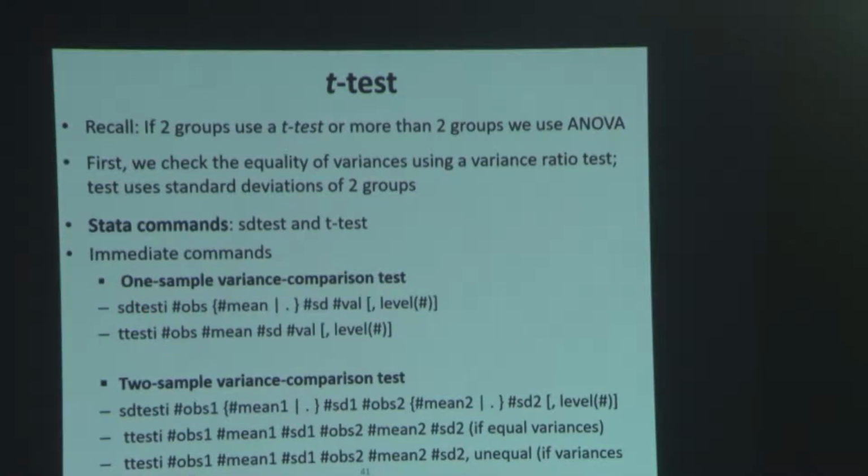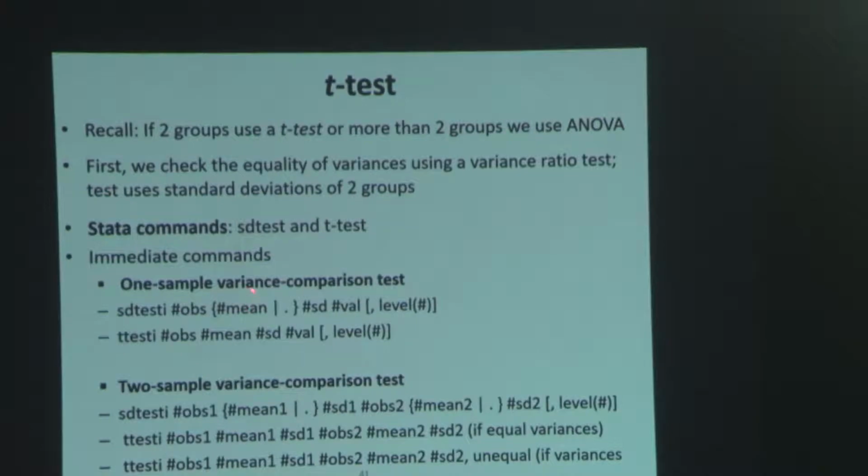Then after that, we now go to the command for the t-test, which is ttest i. And again, this is one group, and this is for 2 groups. Please note that when we do ttest i, or ttest if the data are opened in Stata and in memory, then the default for Stata is equal variances.